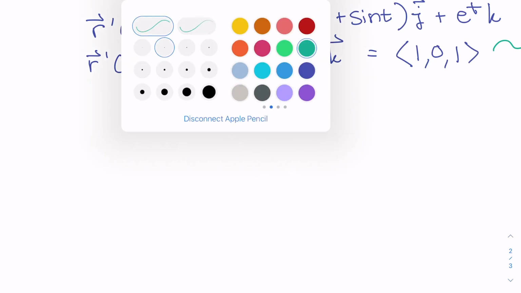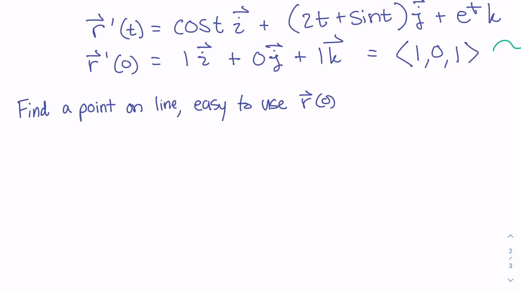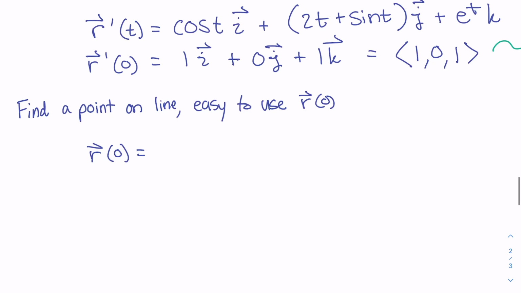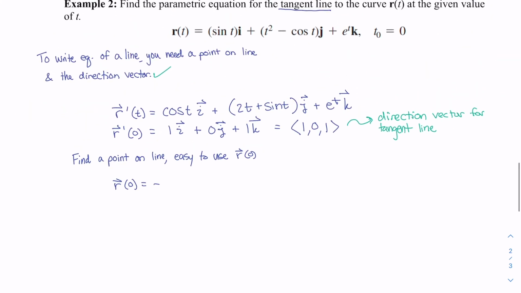So the position vector at t equals 0 is just going to be negative j plus 1k.